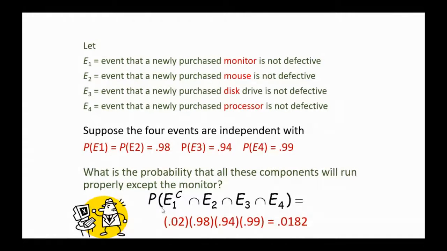Okay, so if we calculate the probability that just the monitor does not work, we would have to use the complement of E1, so 0.02, but then everything else works fine. So 0.98 times 0.94 times 0.99.